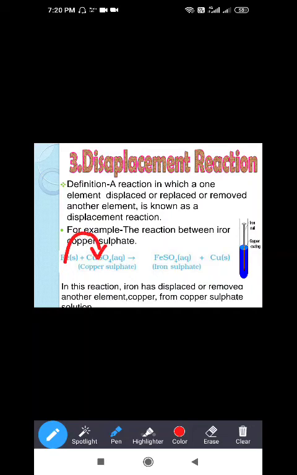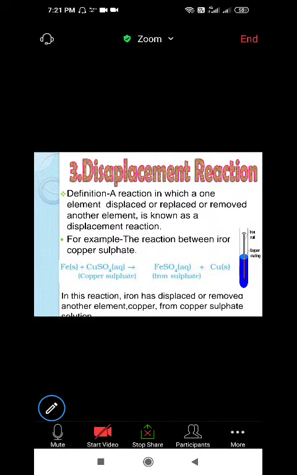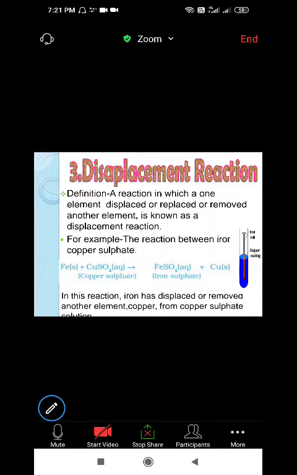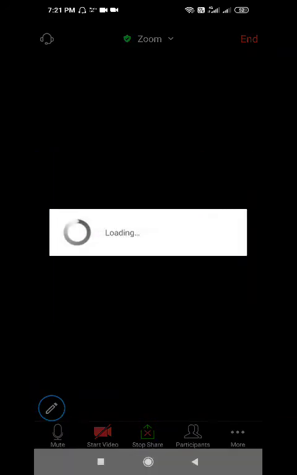What I can say is that the iron has thrown away the copper and found its place with the sulfate, producing iron sulfate. Understood? In this reaction, the iron has displaced or removed another element, copper, from the copper sulfate solution, and that's why we can say a displacement reaction has taken place. It is a single displacement.